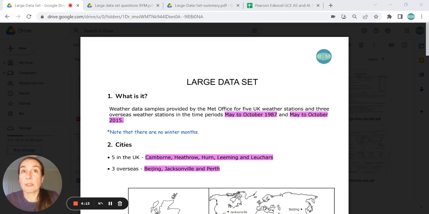That's okay because you don't need to remember anything in particular about the large data set. They are giving you numbers like any others and you are calculating with those numbers, but sometimes you will need to remember some things. So I have a summary here of the things that in the last few years Edexcel has been asking and are helpful for you to remember, because remembering everything is impossible.